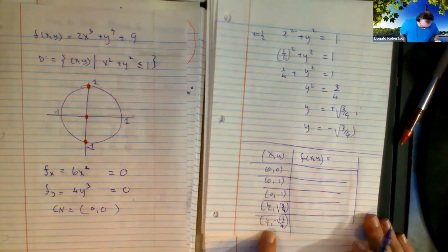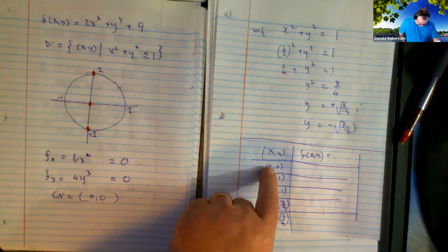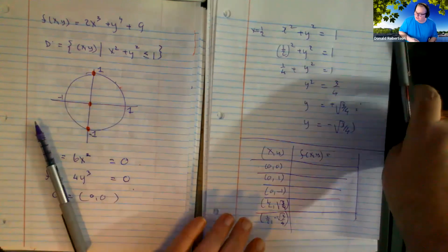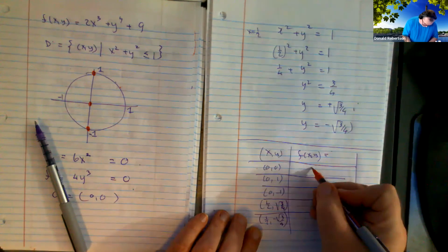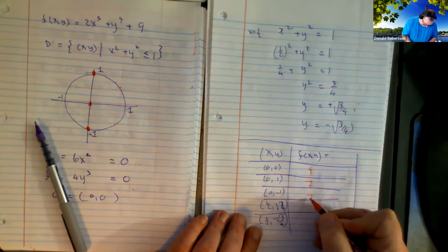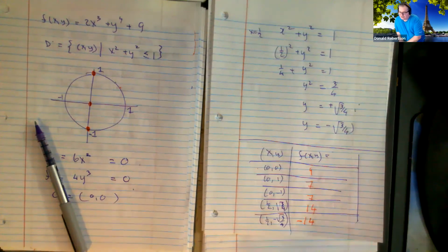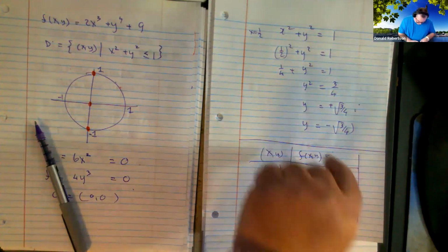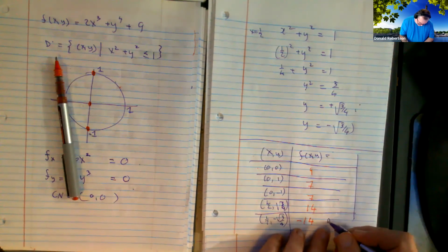Thank you. Okay. So for every one of these points, we evaluate this function. I'm going to make no attempt to do it. I'm just going to lie and write down random answers. That is 9, that is 7, that is 7, this is 14, this is -14, right? Just random digits. But if that was the true answers, wouldn't we then say this guy here is the absolute minimum?